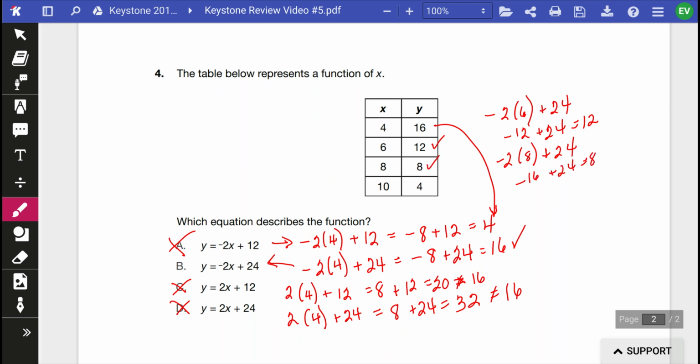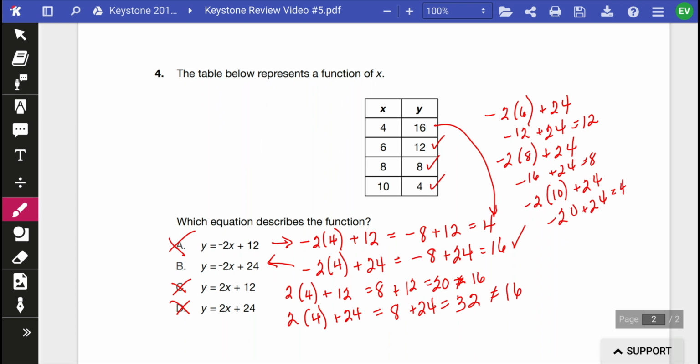So 8 checks out. And -2 times 10 plus 24, so that's -20 plus 24, which equals 4, which also checks out. Sometimes on questions like these, you might have 2 equations that work in a particular line. So you really do have to go back and double check the other lines as well.